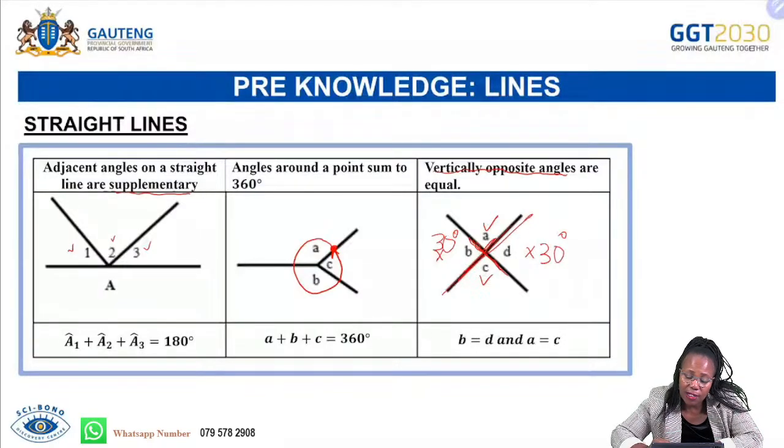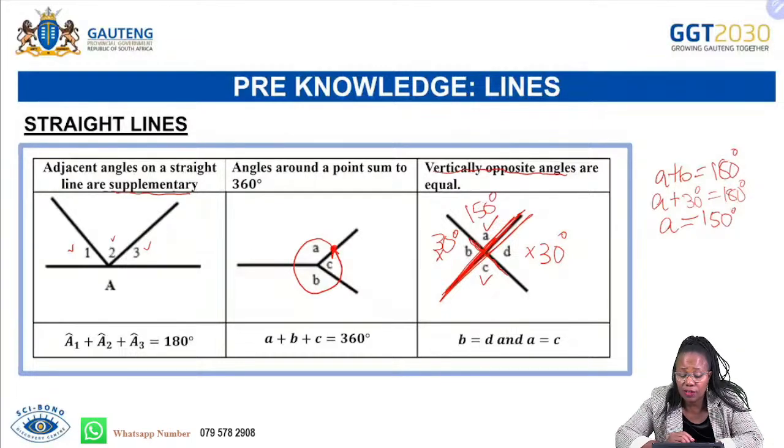If you look at A and B now, they are on the straight line. If you add A plus B, you will get 180 degrees, because they are angles on a straight line. We have the value of B, which is equal to 30 degrees, so the value of A will be 180 minus 30 degrees, which is 150 degrees.